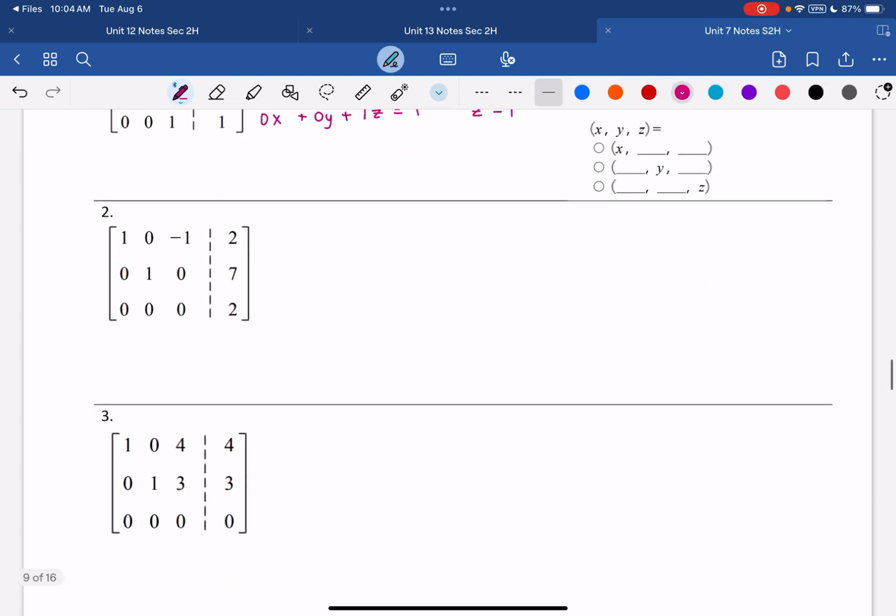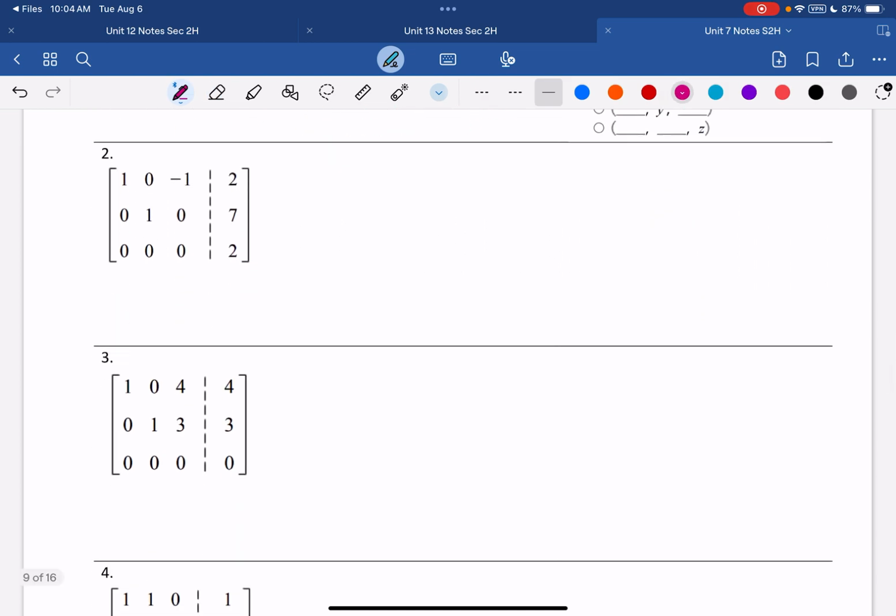So we have another possibility here. This is technically in reduced row echelon form, but we don't have ones down that main diagonal, which means something funky happened. In the top row, we would have 1x, 0y, minus 1z equals 2. Middle row, we have y equaling 7.